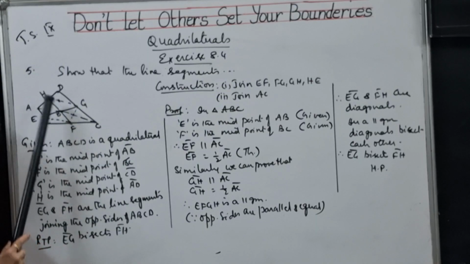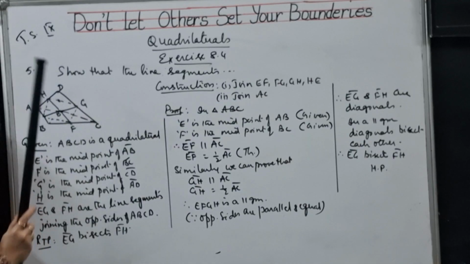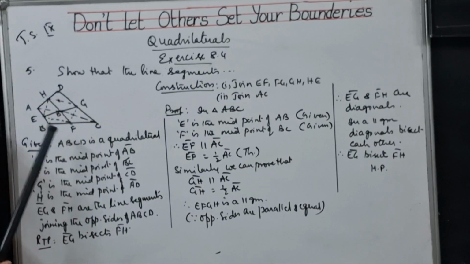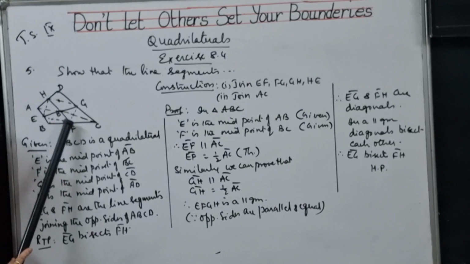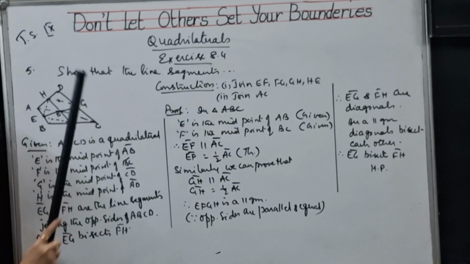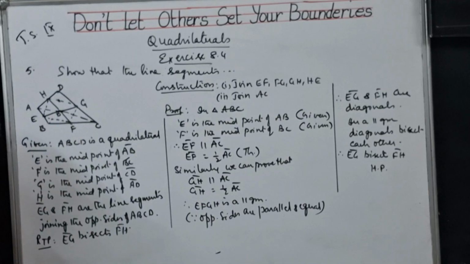So EF is equal to GH and EF is parallel to GH. So EFGH is a parallelogram. If it is a parallelogram, FH and EG are the diagonals. The diagonals of a parallelogram bisect each other. Therefore, EG bisects FH. This is the proof, children. Please note it down.